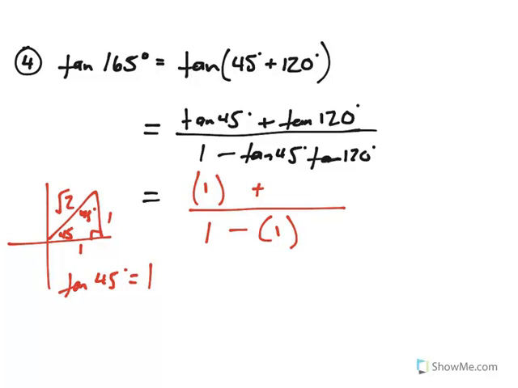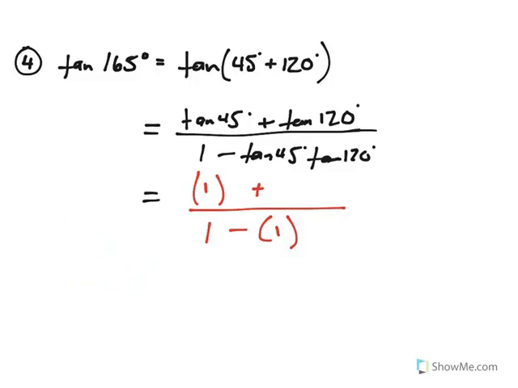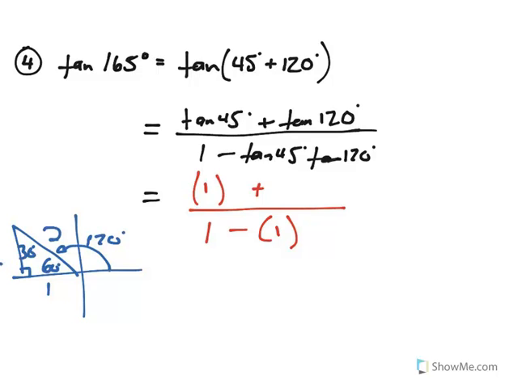Tangent of 120, make sure you don't erase your side work. I'm doing it because I don't have enough space here. 120 is in quadrant 2, which makes the reference angle 60 degrees. Opposite 30 is 1, opposite 90 is 2, opposite 60 is the square root of 3.